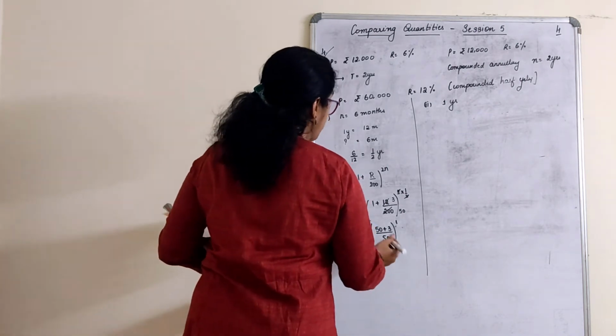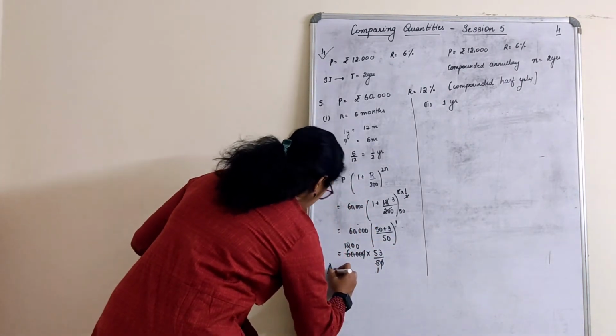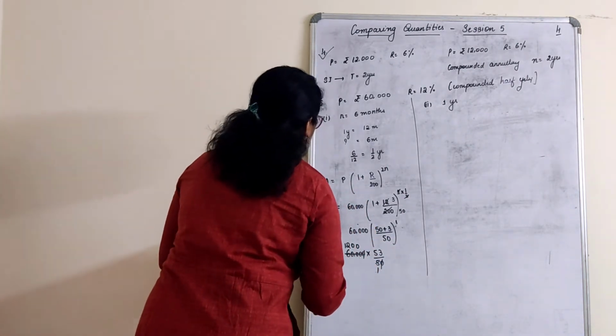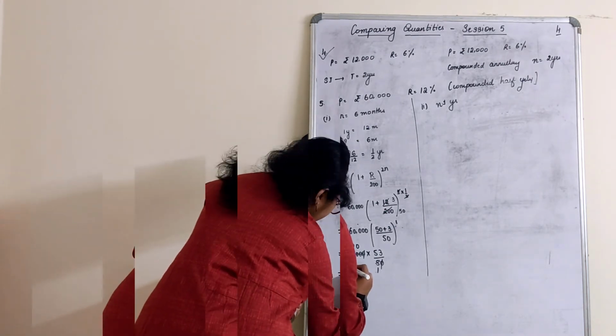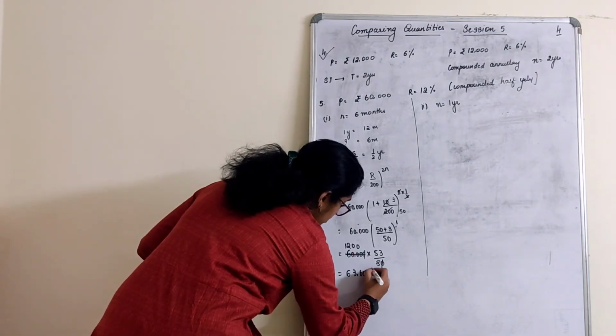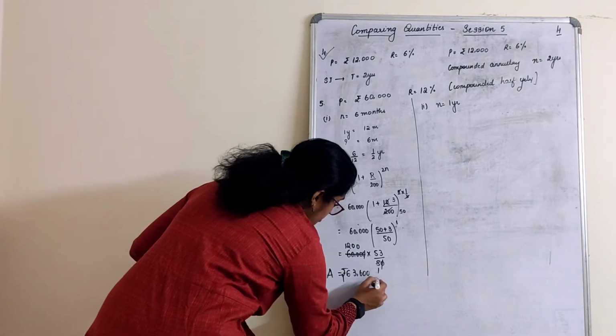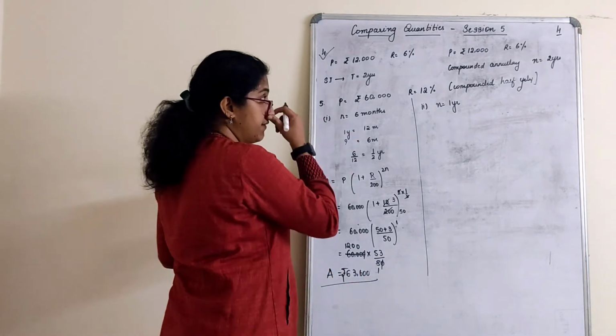So when you multiply, I'll write here only. Amount is equal to what you get here, 63,600 rupees.